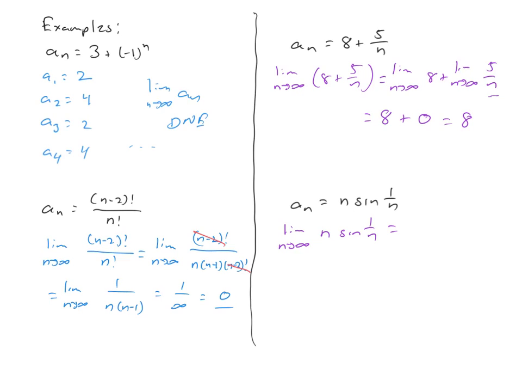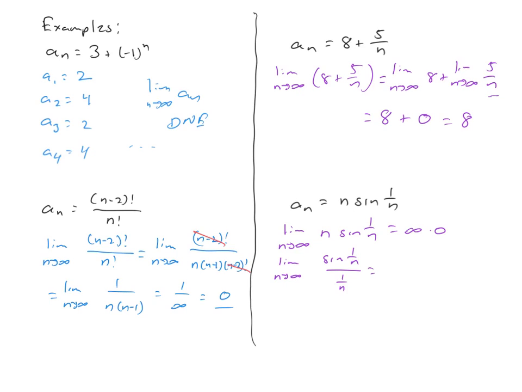As n goes to infinity, 1 over n goes to 0, and sine of 0 is 0, which means this is infinity times 0, which again happens to be an indeterminate form. So this is going to equal the limit as n approaches infinity of sine of 1 over n all over 1 over n.